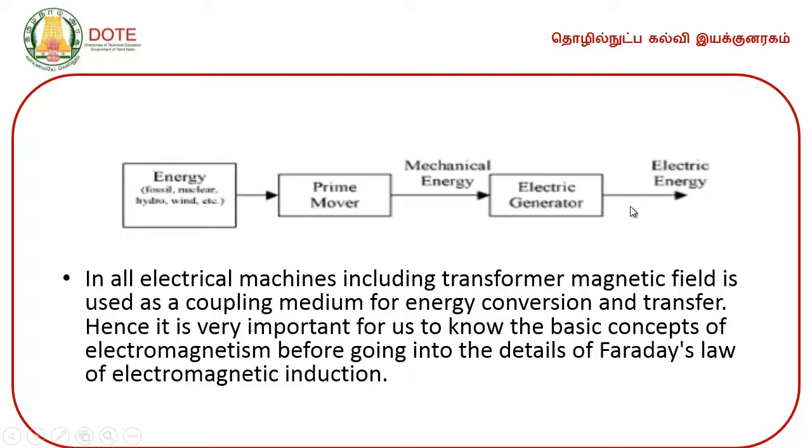In all the electrical machines including the transformer, magnetic field is used as a coupling medium for energy conversion and transfer. Hence, it is very important for us to know the basic concepts of electromagnetism before going into the details of Faraday's law of electromagnetic induction.